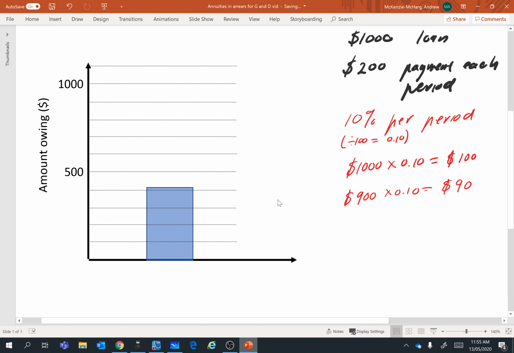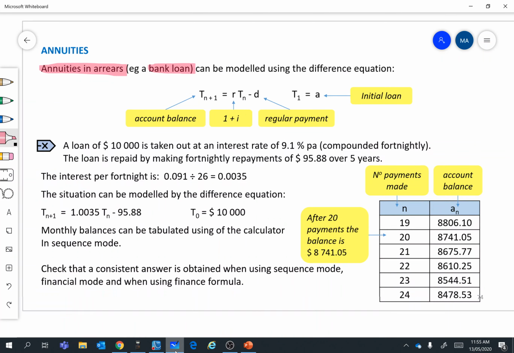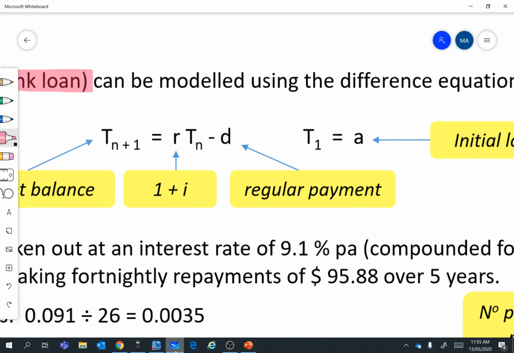So that is the nature of an annuity in arrears. This is the difference equation, the way it's structured for an annuity in arrears. You can see that there's a common ratio and a common difference involved for these ones. The common ratio, that R value there, comes from the interest rate. You can see that the interest rate is being added to 1.